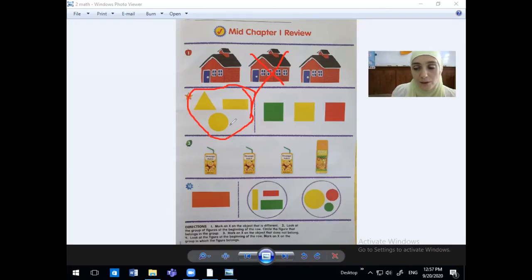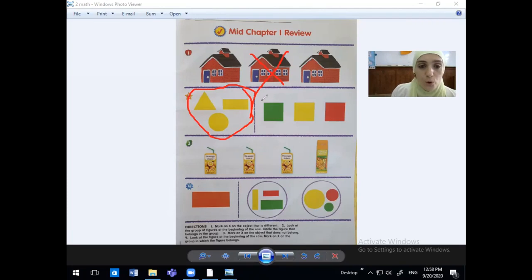So which figure can we find here that was in this group? Which figure here is similar, alike to one figure from this group, would fit this group? If we analyze this group, all figures are the same color, yellow.